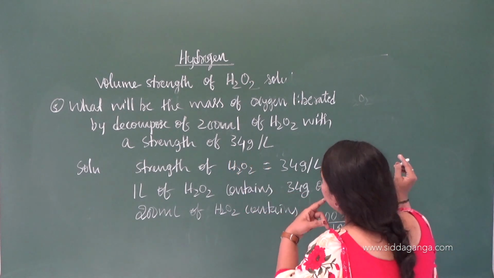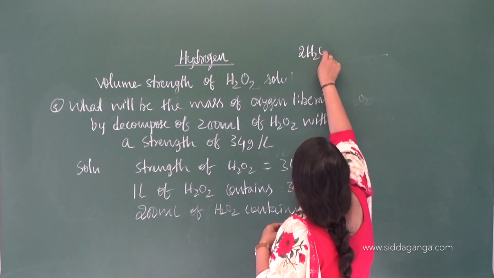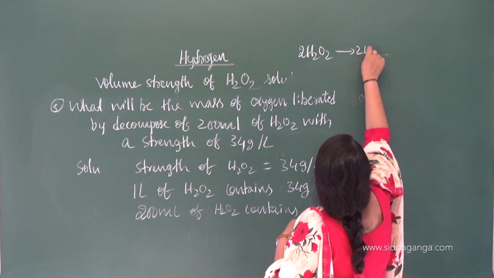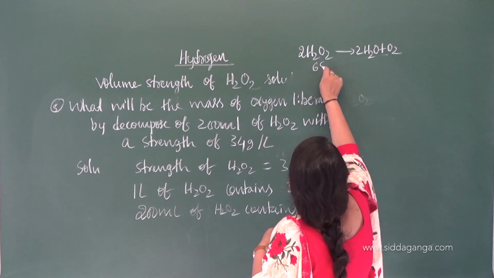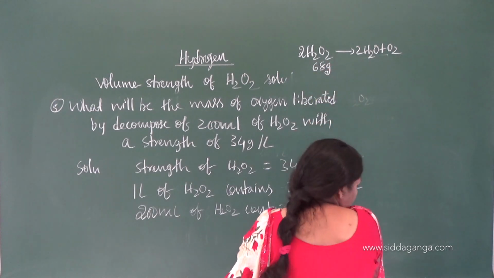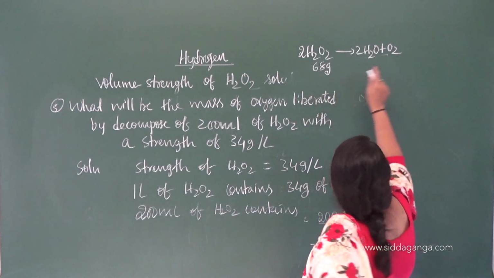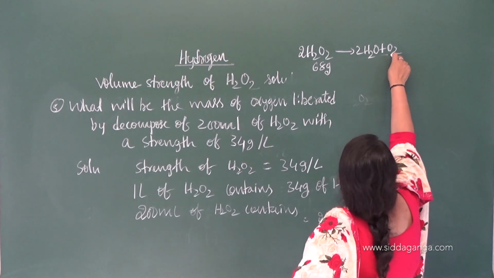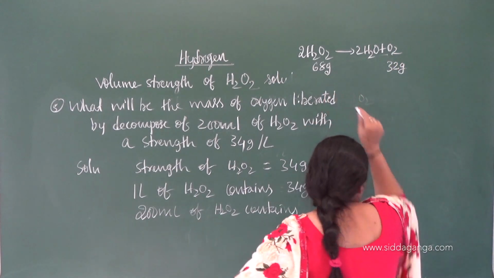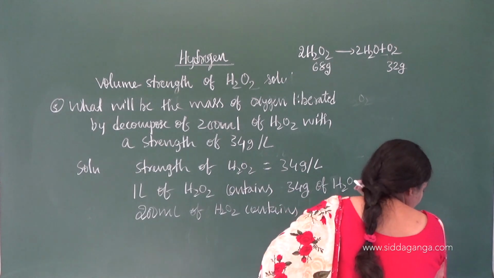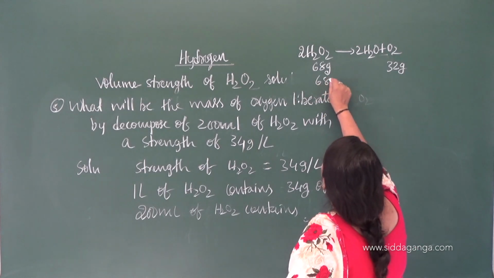Where should I write? Here I will write, that is 2H2O2 on decomposition produces 2H2O plus O2. So from 68 grams, from the equation, how much are you going to get? We have to calculate the mass, no? So it is 1 mole. 1 mole of oxygen means how much? 32 grams. But how much do we have here? We have now 6.8 grams.